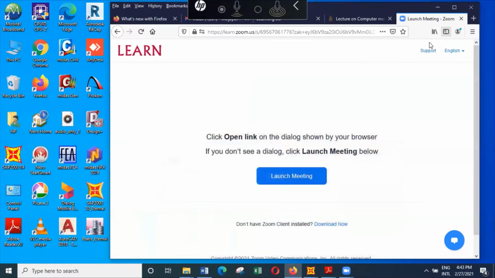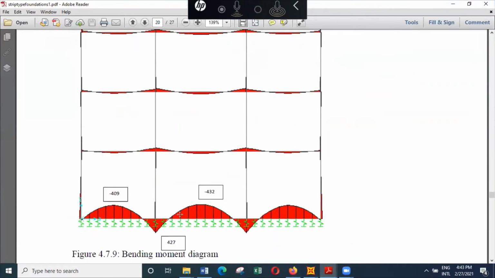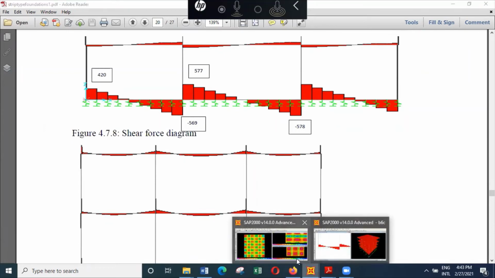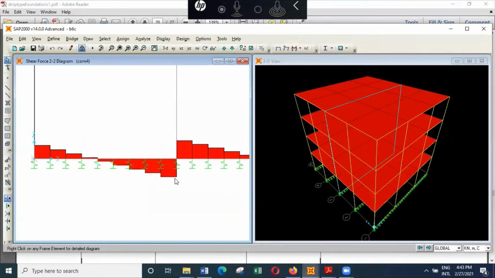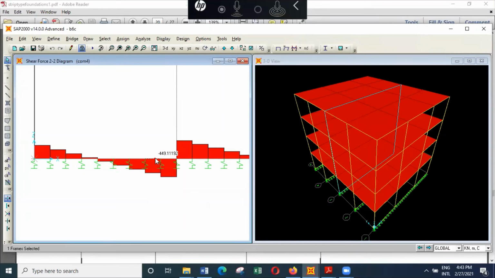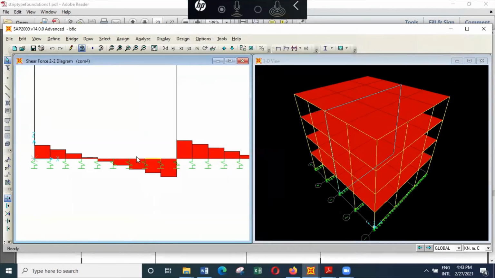So if we look at the note now, here you can see the bending moments are in that range. And if you look at the shear force values, they are like 569, and it varies, 449, and in this region 328 and so on.